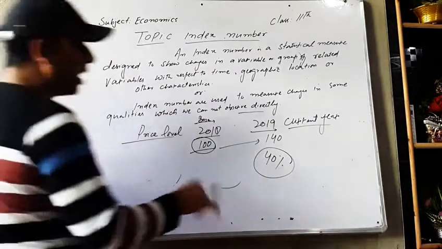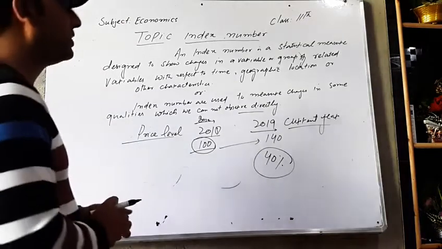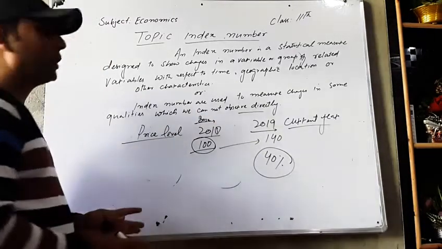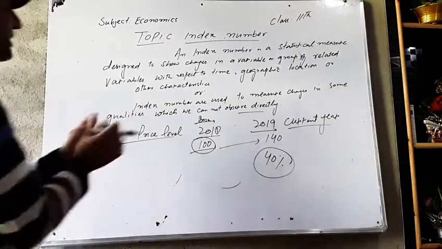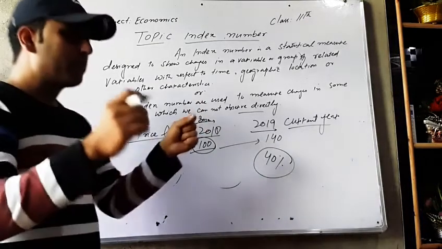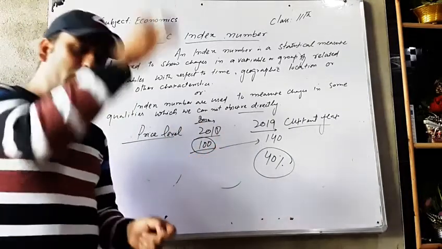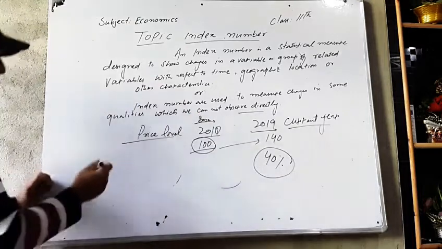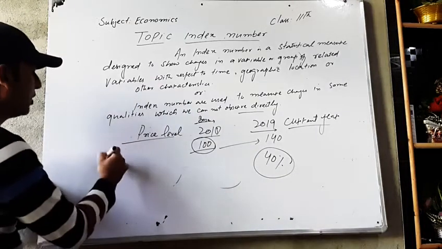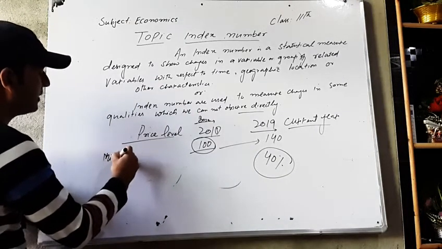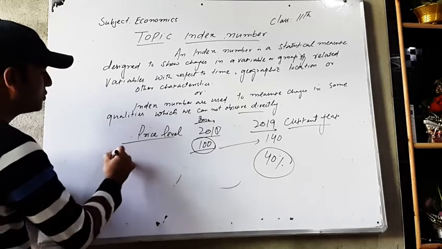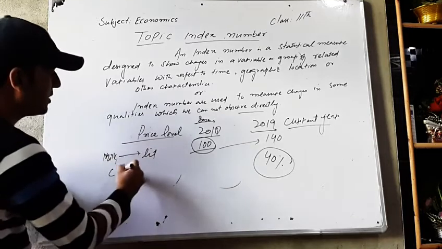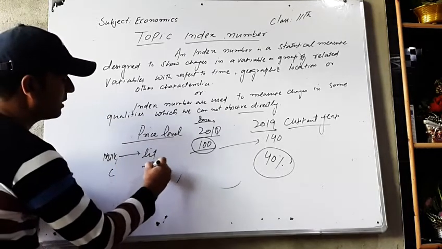Now, how do we calculate the different groups here? So we measure the value of the goods in a group. That means index number is a device which keeps different variables in a group. For example, milk is measured in liter, and the cloth is measured in meter.